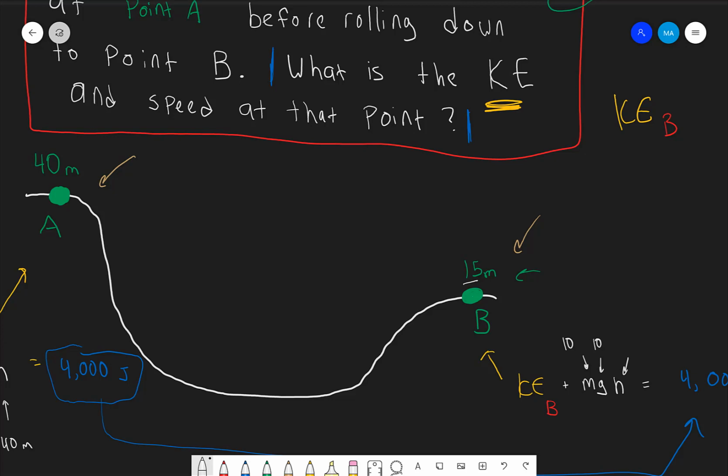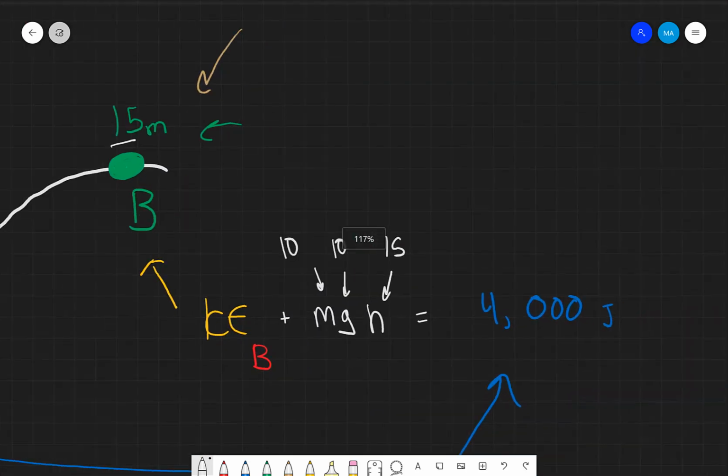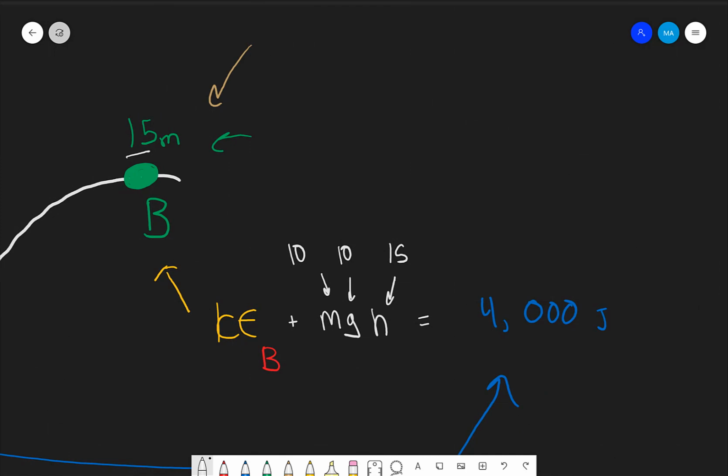So that's what changed here. We can figure out the potential energy by multiplying all these together: 10 times 10 times 15, which gives you 1,500.